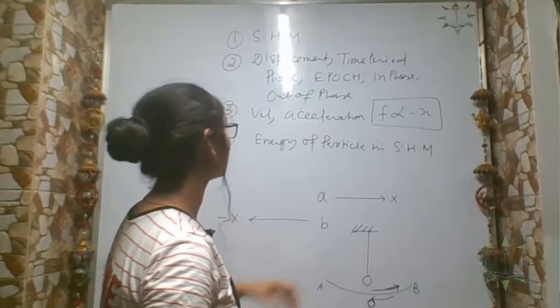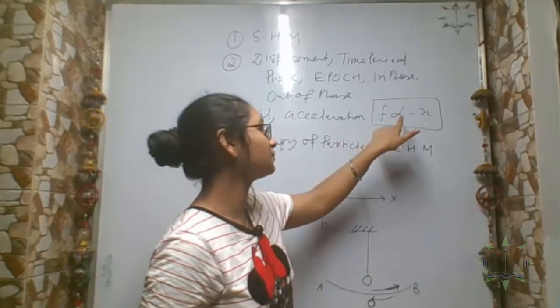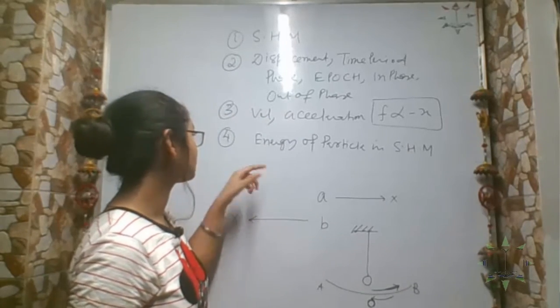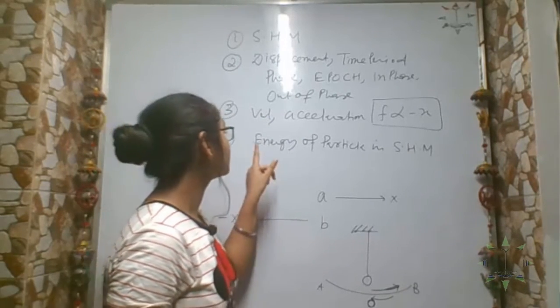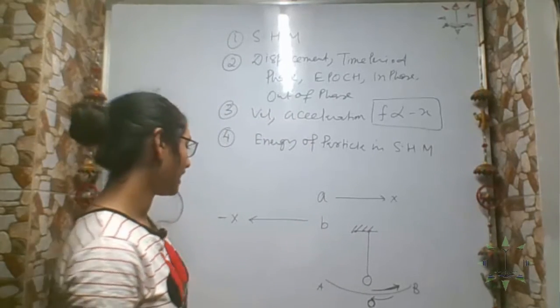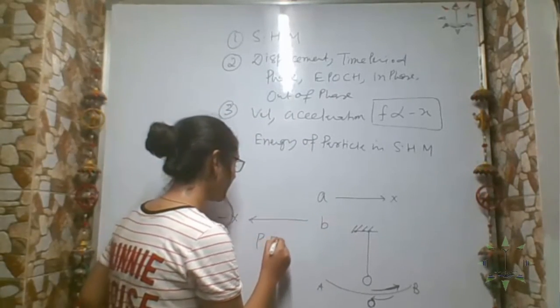Next, we also got the relation that F is directly proportional to minus x, and in the last we understood the energy of a particle in simple harmonic motion. A particle will have a potential energy and kinetic energy.